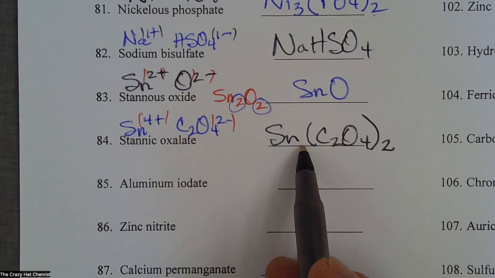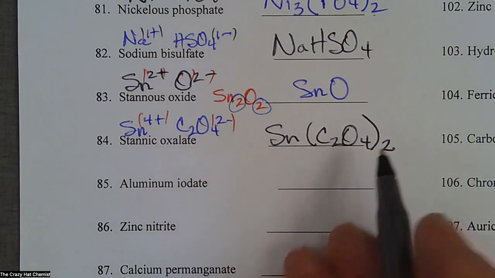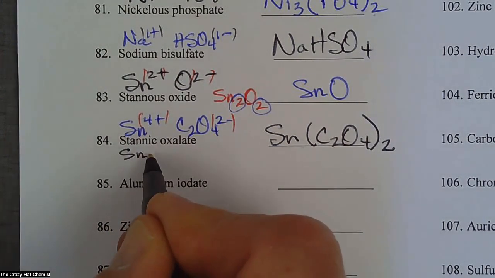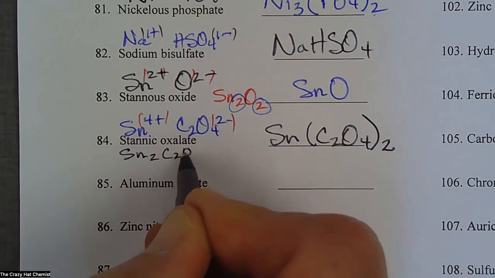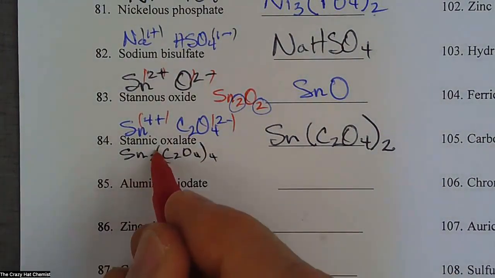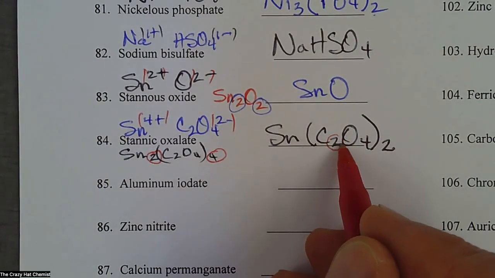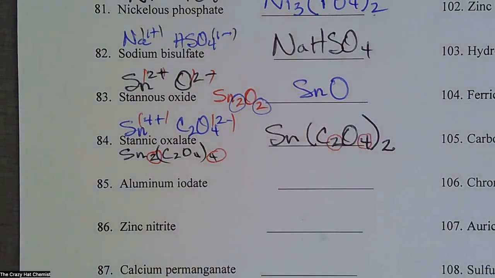Remember, there was actually a 2 down here and a 4, and I reduced that. So Sn2, C2O4, parentheses, and a 4 would be my intermediate step, and then I can reduce these numbers. You cannot reduce these numbers that I'm circling in red because that's part of a polyatomic ion. So never reduce those numbers.